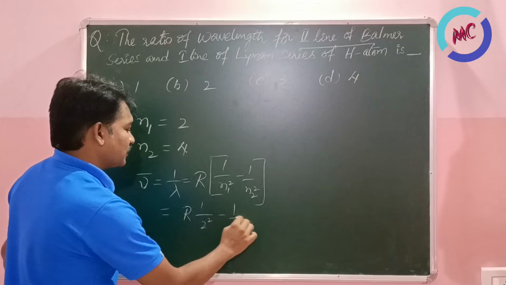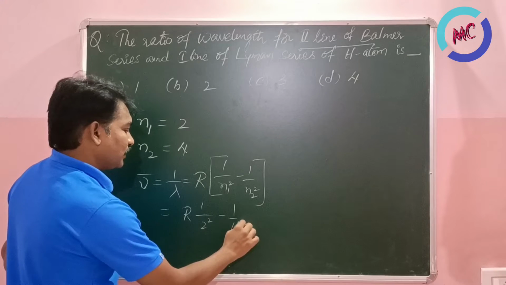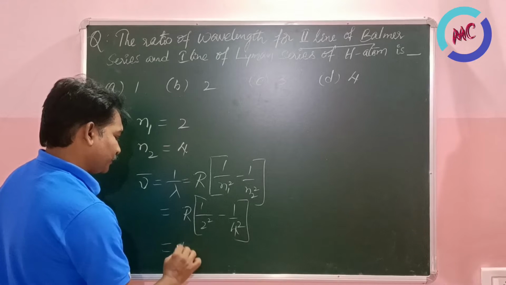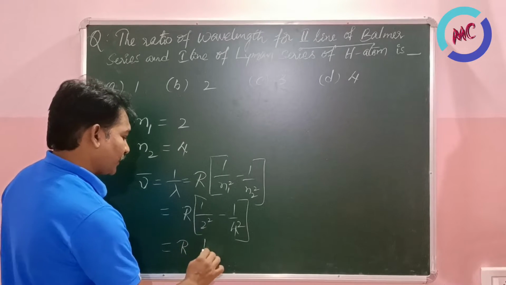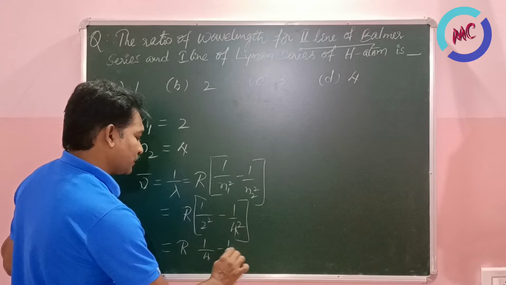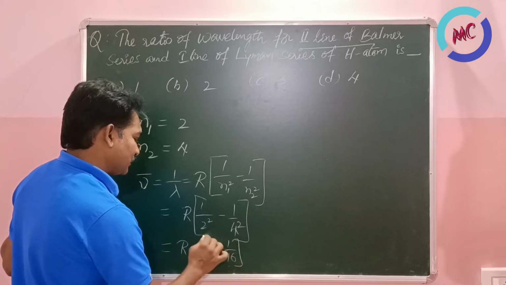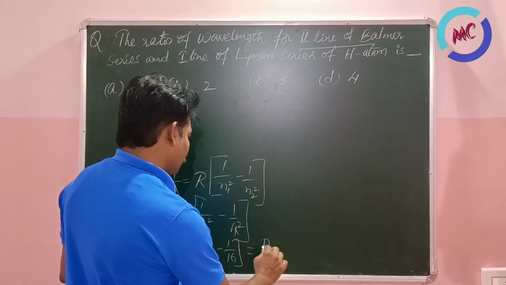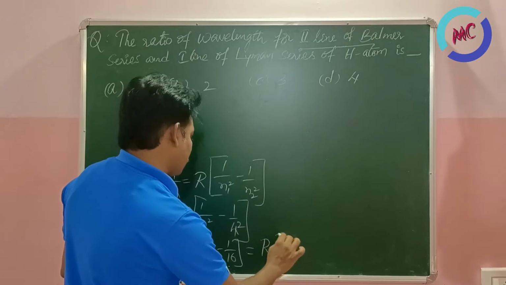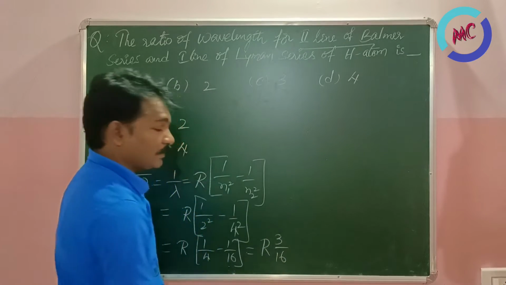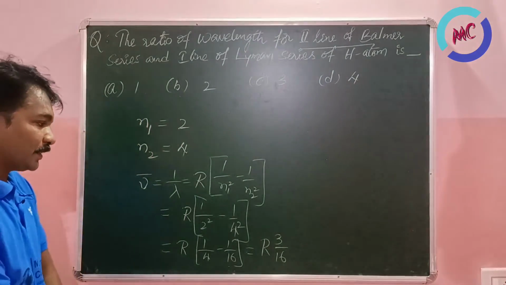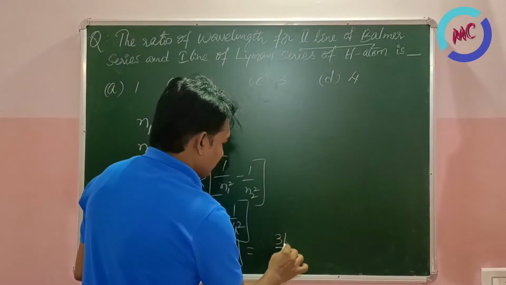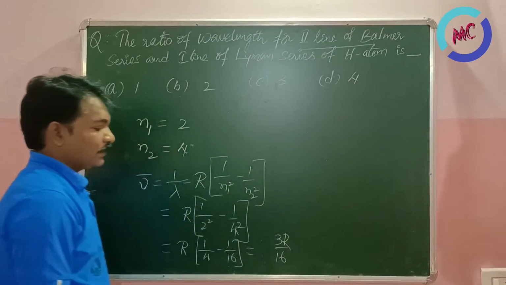So 1 by 2 square minus 1 by 4 square, that is equal to R (1 by 4 minus 1 by 16), that is equal to R 3 by 16, or you can write it as 3R by 16. Anything will be fine.